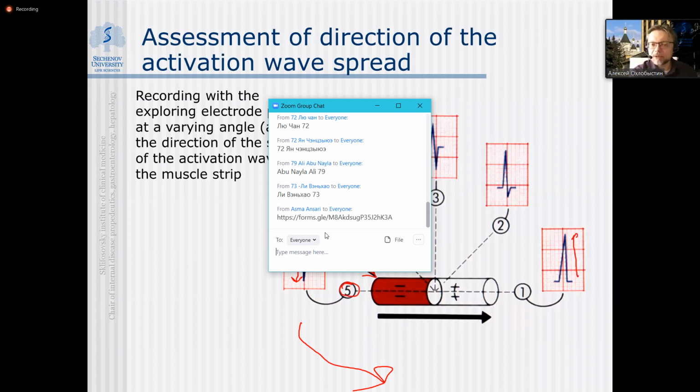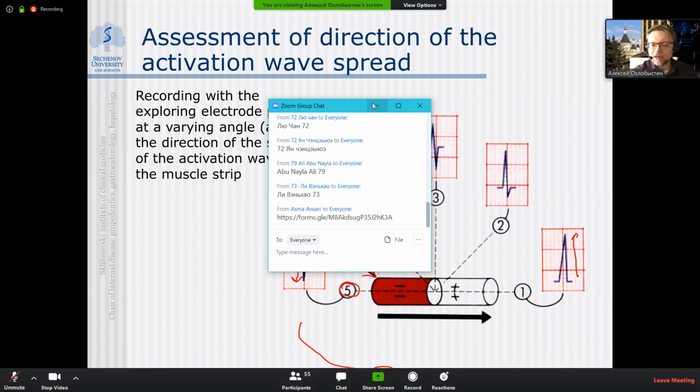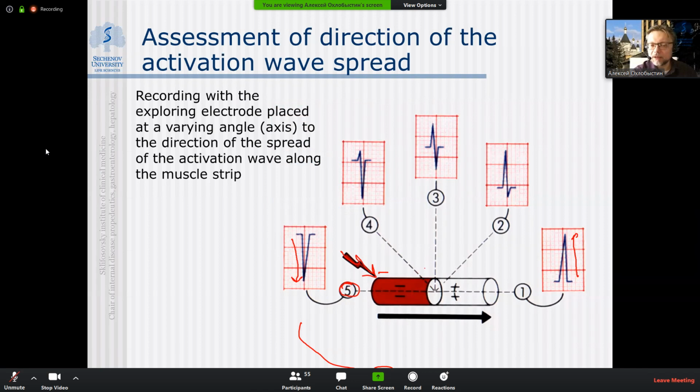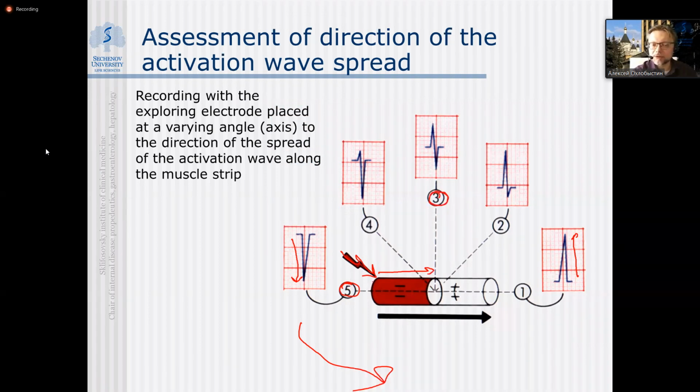If it is in the middle, what does it mean? It means that halfway, activation will go towards our exploring electrode in the third location, so due to that, the deflection will go up. Then activation will go away, and therefore the deflection will go down.